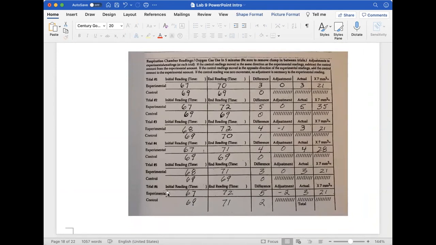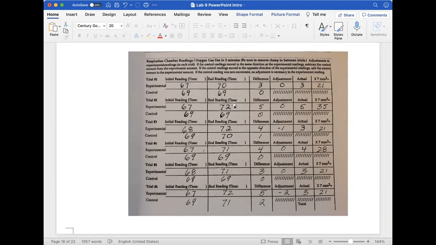These are different trials, taken through the initial reading and end reading. This is showing the experimental, the germinating beans U-shaped tube and the difference in fluid level of liquid, because the difference in fluid level signifies the amount of oxygen that is being used.